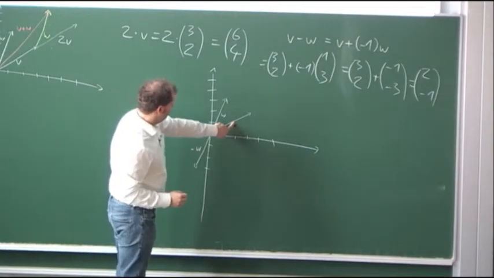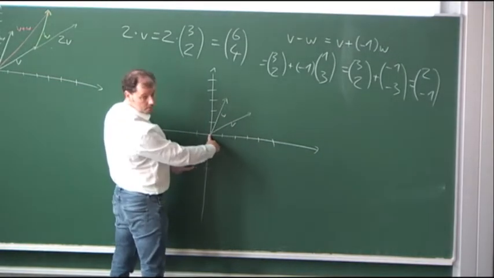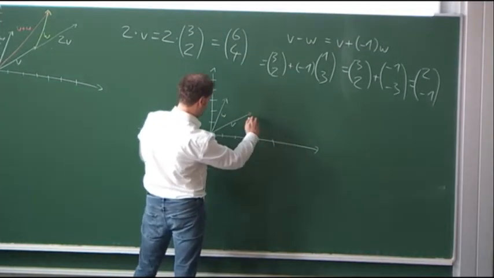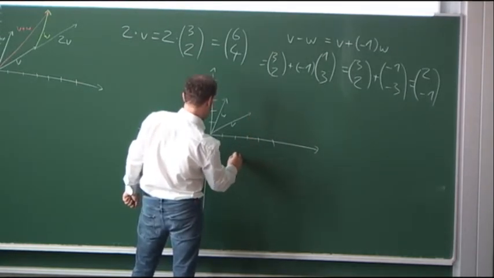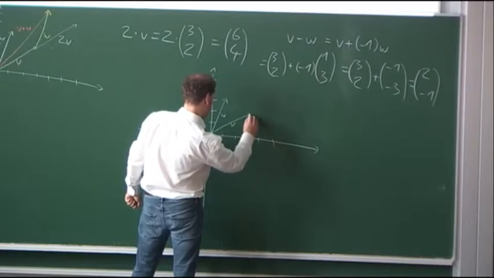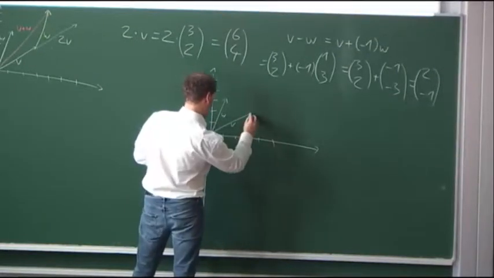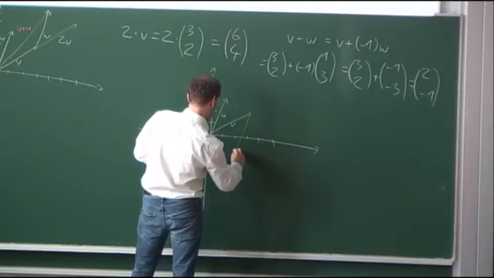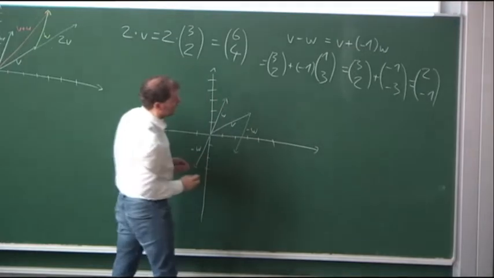And V plus minus W is just adding this minus W vector to the end of V. So from here, I go 1, 2, 3 down and 1 to the left. So I add negative W here.